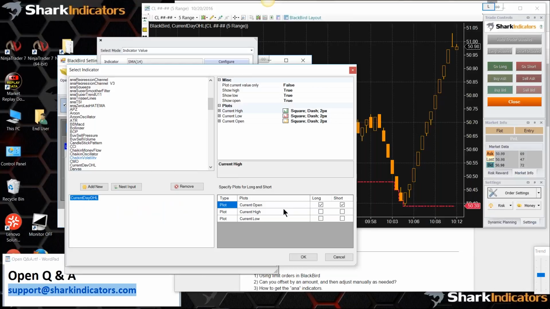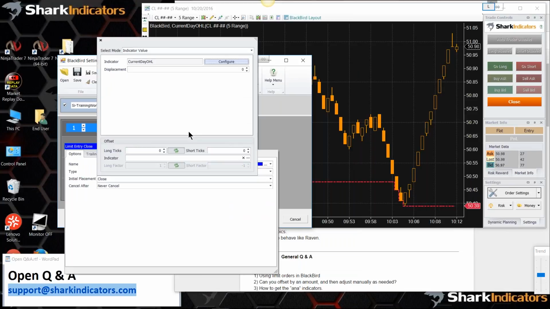For short trades are taken off of the current high, and long trades are taken off of the low. So I guess you could consider this as a reversal signal, or a counter trend signal, or a bounce signal, whatever you want to call it.